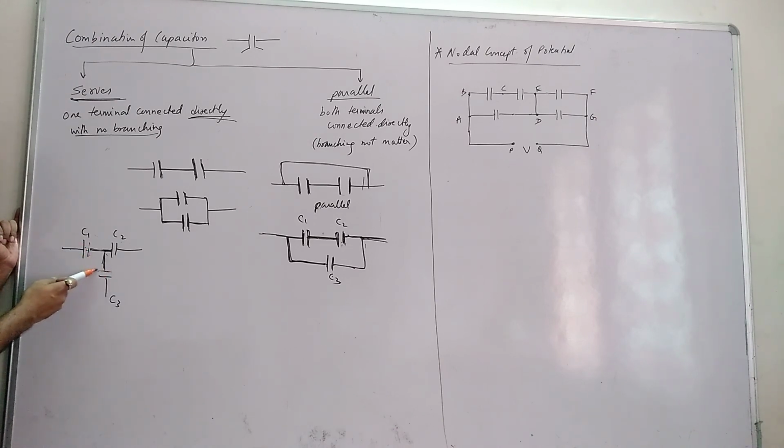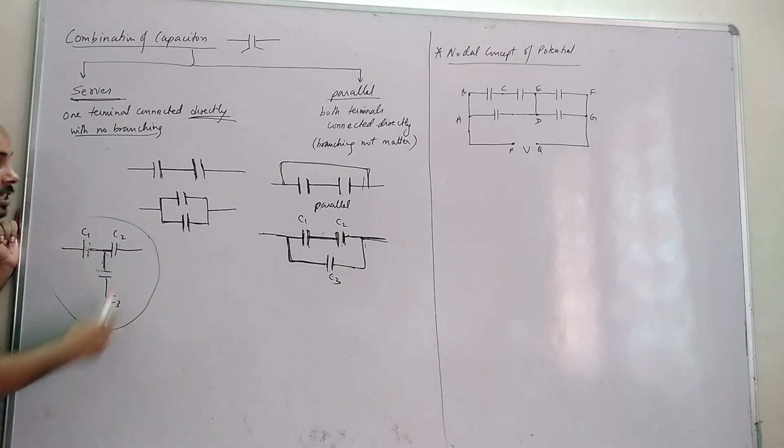This terminal is connected with this terminal like this, but there is a branching here. That means C1, C3 is nothing. Clear? Similarly, C2, C3: one terminal is connected, but there is a branching here, so C2, C3 is nothing. So this part of the circuit is nothing. We have to find out further by seeing the rest of the circuit. Up to here, C1, C2, C3 are neither parallel nor in series.